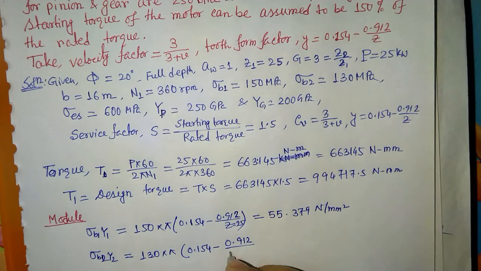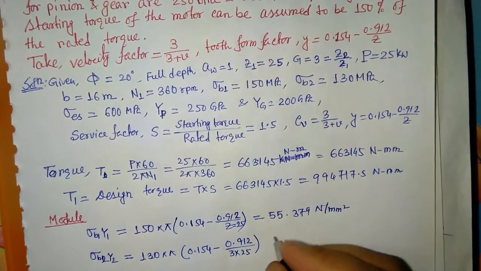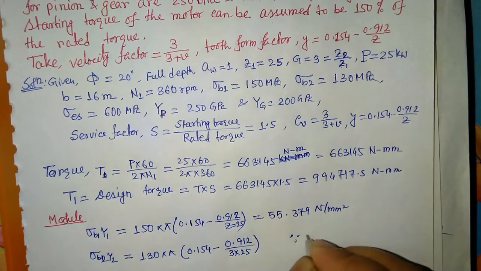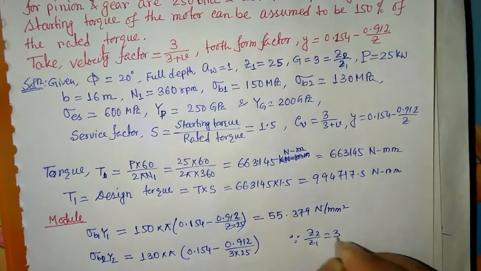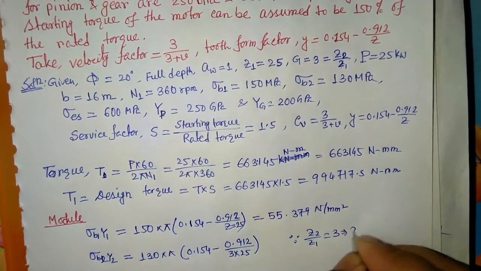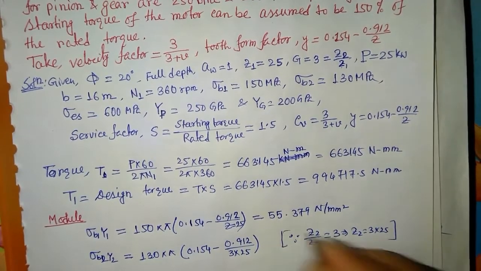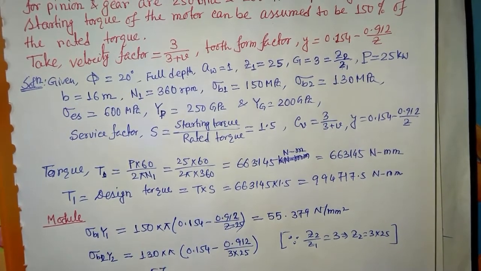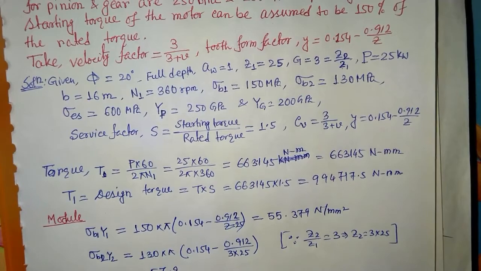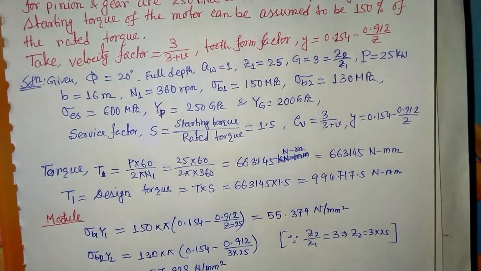Since it is mentioned that z2 by z1 is equal to 3, z2 is equal to 3 into 25. Now if we make the calculation, this will become 57.928 Newton per millimeter square.